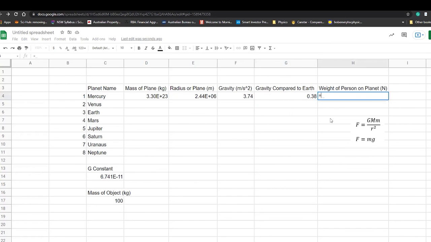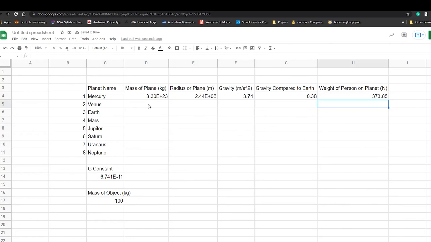We go equals, we multiply the mass. And again, we want to have this same number being used all over. So we're going to put the money symbol to indicate that we want the same column, and we want the value in the same row. And we're going to multiply that by the gravitational value. We'll hit enter, and that's done.